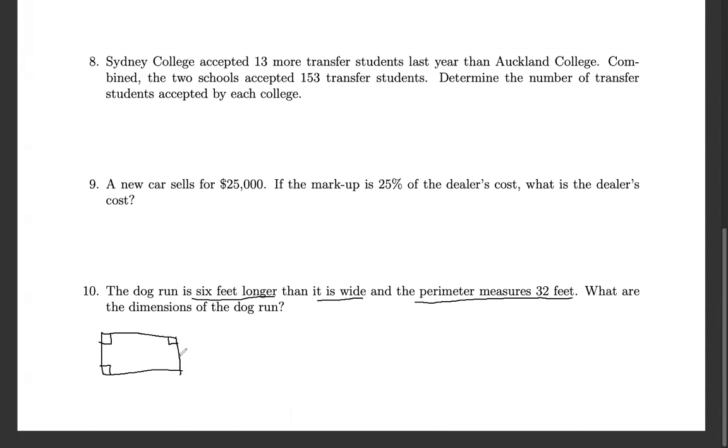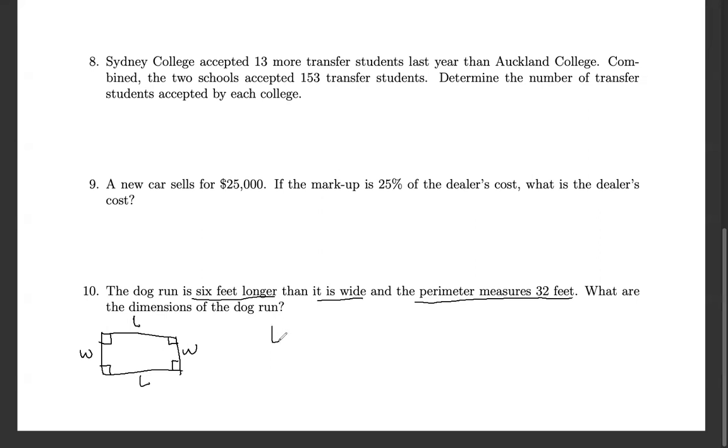Rectangle means the 4 corners are all 90 degrees, and opposite sides are the same. So let's call this length, and this width. First it says the dog run is 6 feet longer than it is wide.